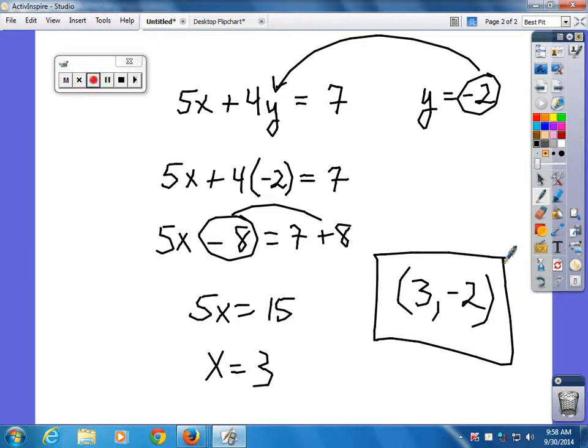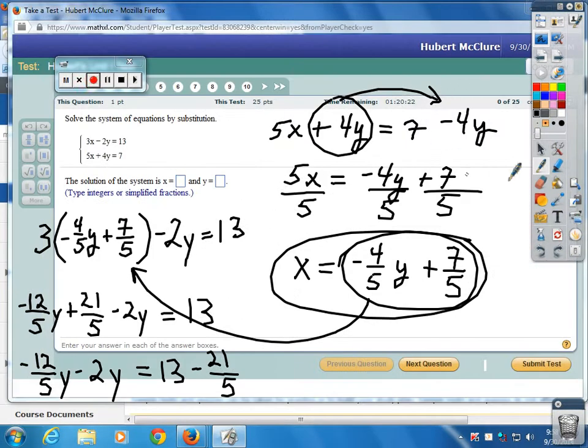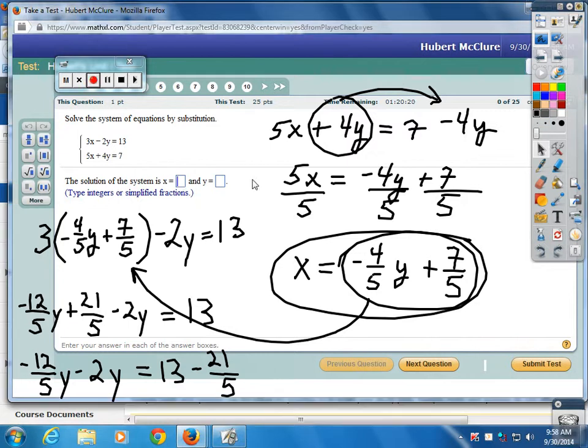And that should be your answer. So we go back to our handy dandy test and type in 3 and negative 2. And next question.